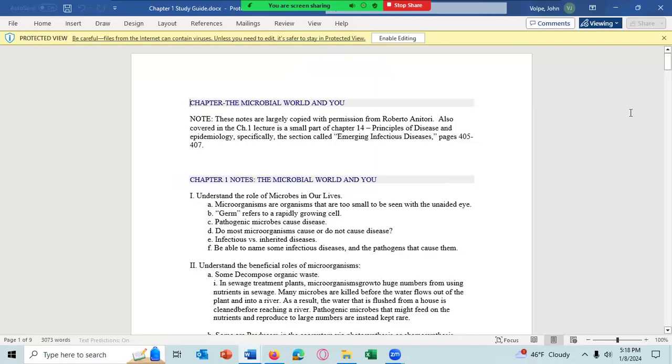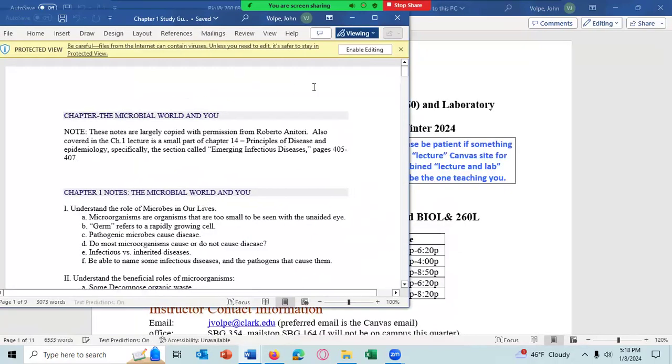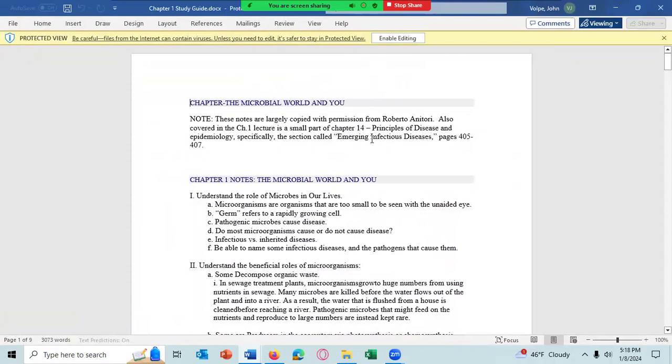It will be in a text format. So if you want notes, and you should be taking notes, you can print this out and write in further information.